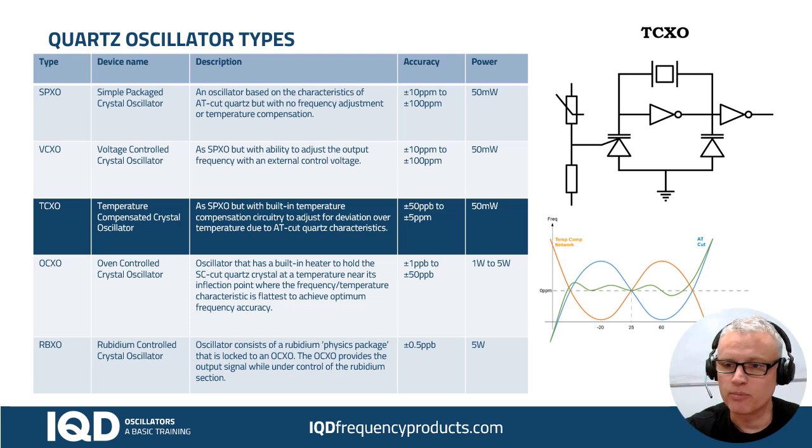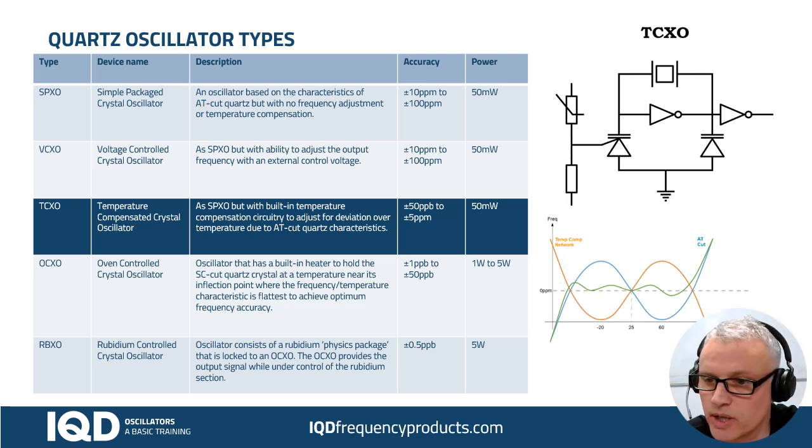However, we can do an improvement because the next level up here is what we call a TCXO, or a temperature compensated crystal oscillator. In this circuit, we're going to use the voltage controls that we had before, but the DC voltage is going to be connected to a circuit which has a temperature response, and we're going to try and make a network of components to build a temperature response which is the opposite of the temperature response of the crystal.